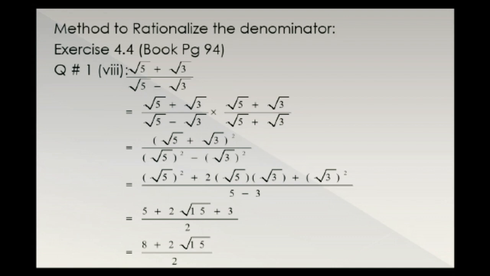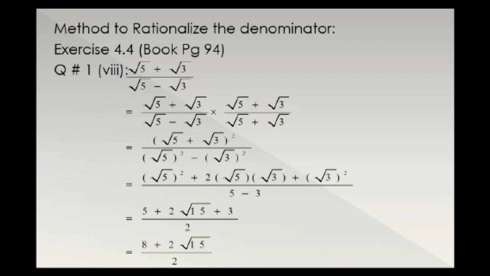Now straight multiplication we will do. Numerator multiplied by numerator, denominator multiplied by denominator. So under root 5 plus under root 3 whole square will come. Why? Because they are the same terms, same surds, binomial surds.